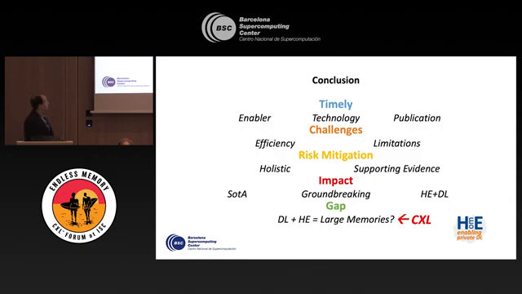This is a high risk, high gain project, as mandated by the funding scheme. We seek an impact on the state of the art, with groundbreaking contributions, trying to enable homomorphic encryption and deep learning in production use cases. And importantly, we need to cover a gap: whether CXL is an enabler for homomorphically encrypted deep learning inference in production environments.